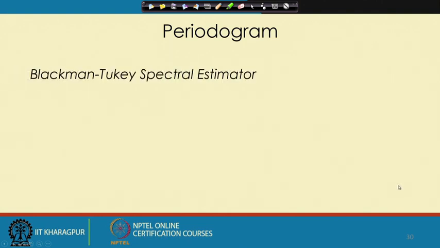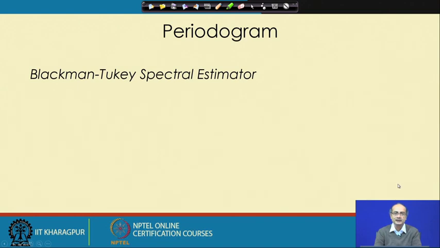Now, we get another suggestion, since the averaged periodogram could not solve our problem. We can accept that it is better than the original periodogram.